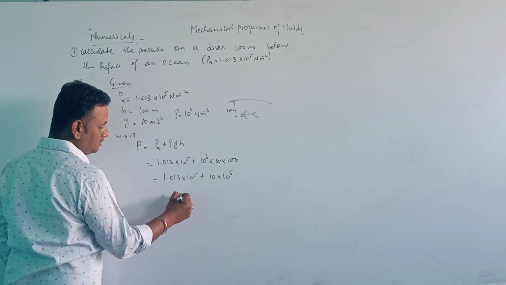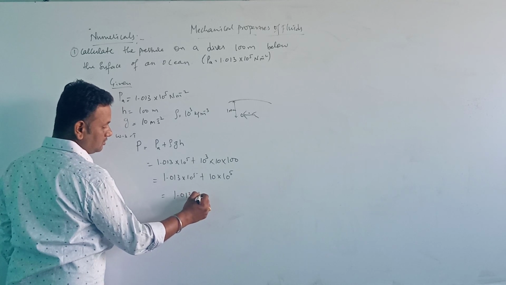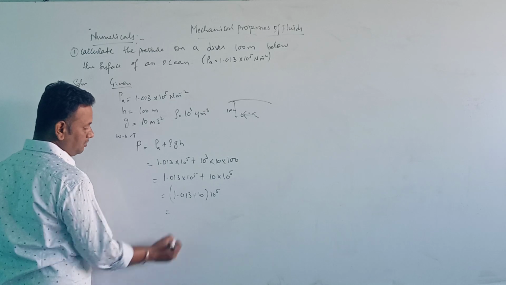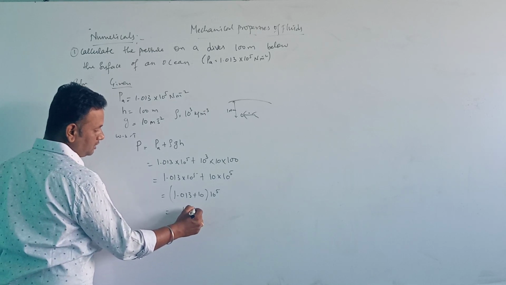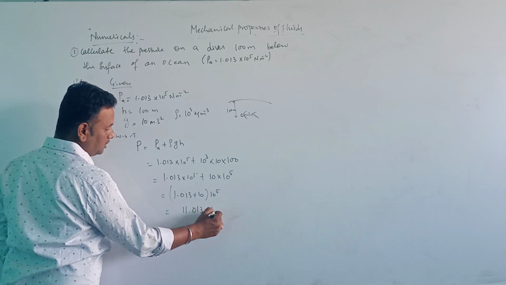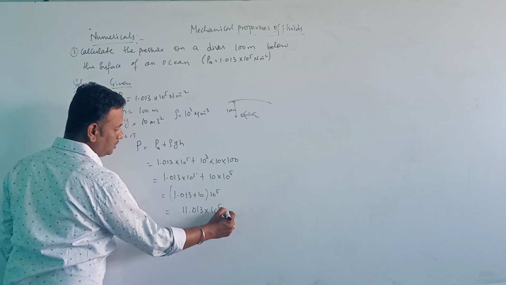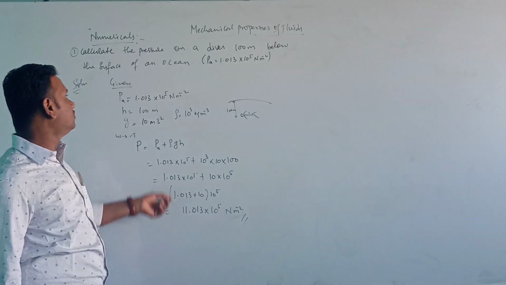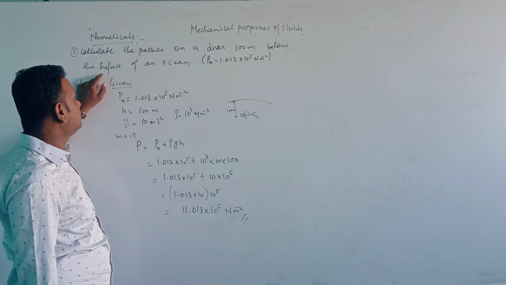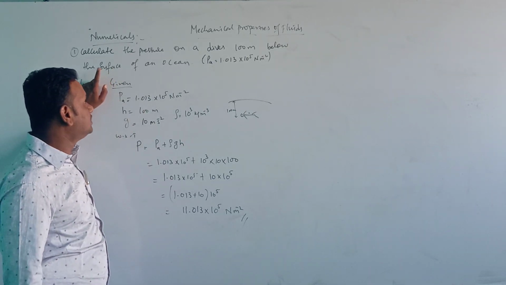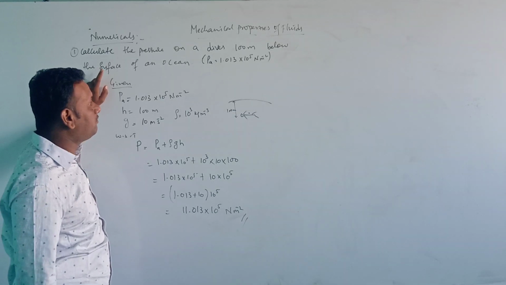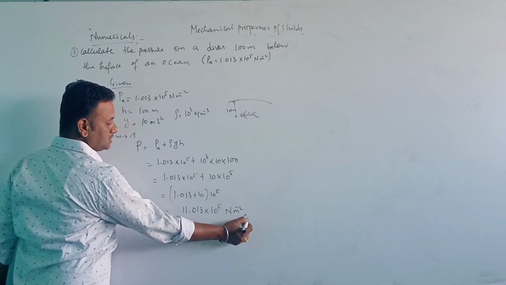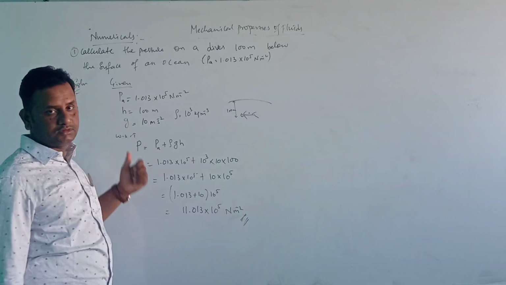If we take the common 10 to the power of 5, then it will be 11.013 into 10 to the power of 5 Newton per meter square. So this much of pressure is going to be on the diver who is at 100 meter below the surface of an ocean. So this is the required solution for this question.